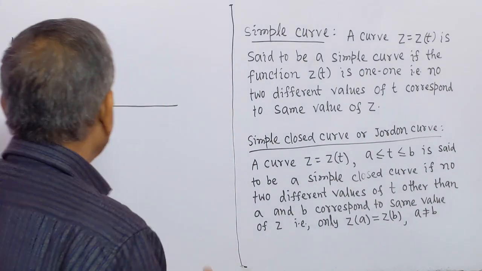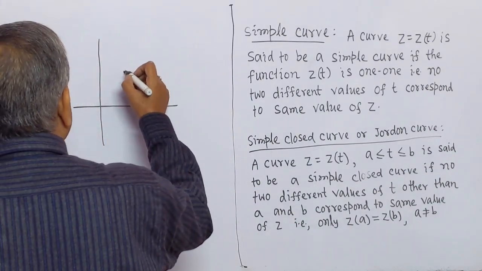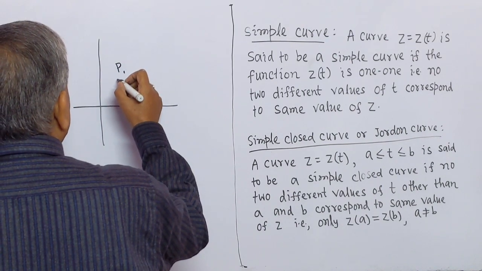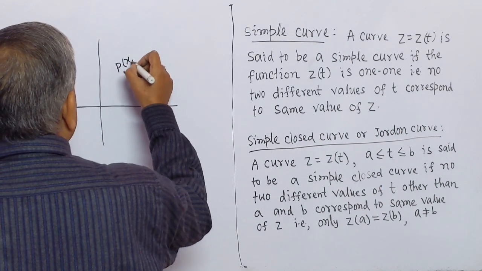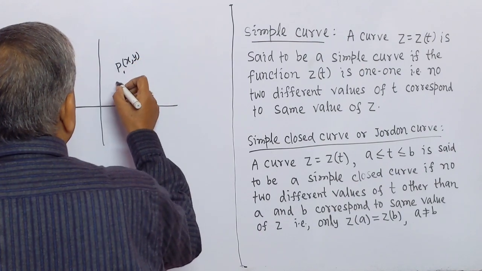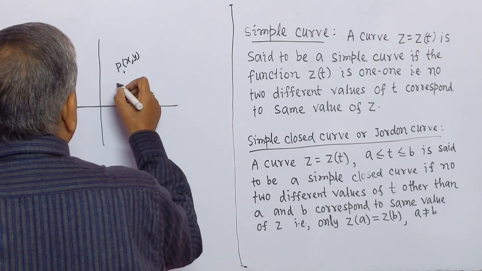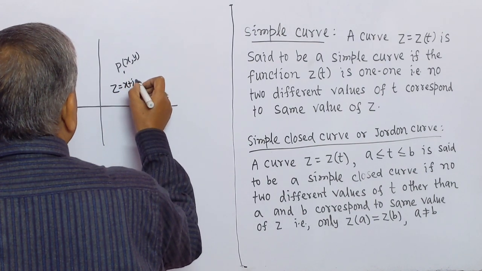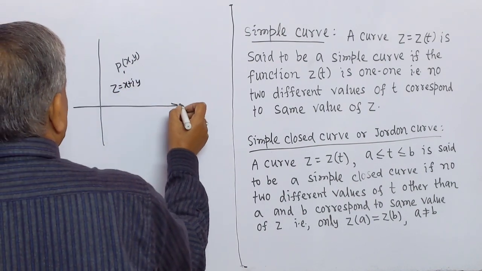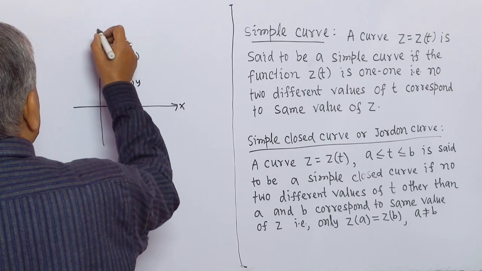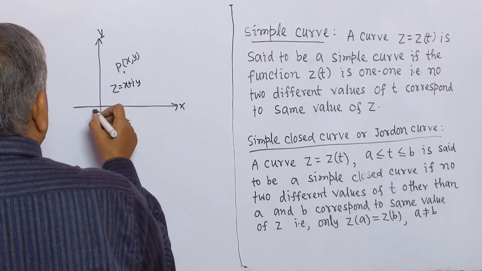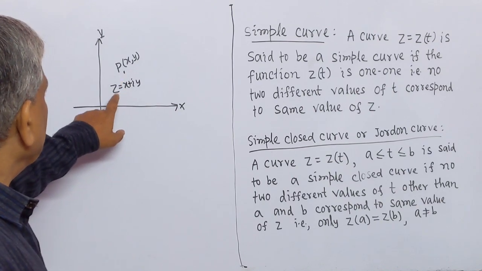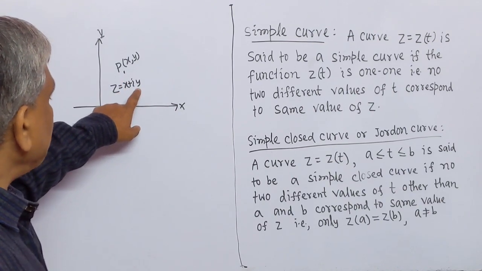For example, let here P be a point. This point is (x, y), that is, at this point the value of z is x plus iy. This is the x-axis, this is the y-axis, and this is the origin. In the Argand plane, this point is z equal to x plus iy.